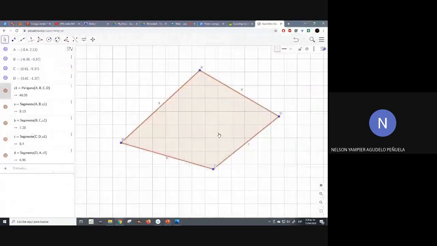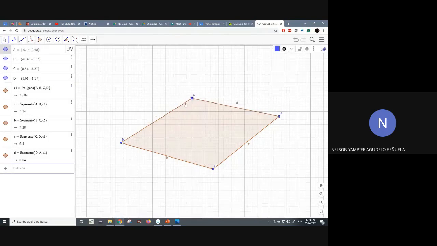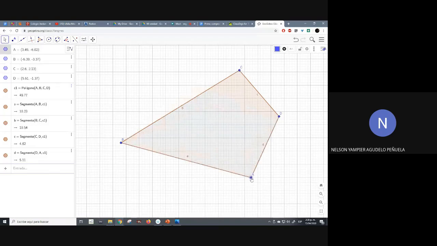So if I make this, I change the position of the point A, but the shape changes. So it means that what I made is not isometric. If I make, for example, this, that is also not an isometry because the shape changed.